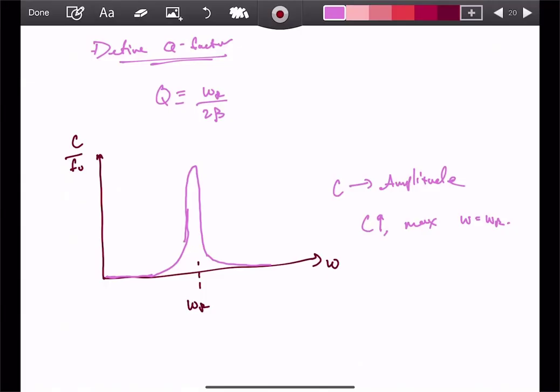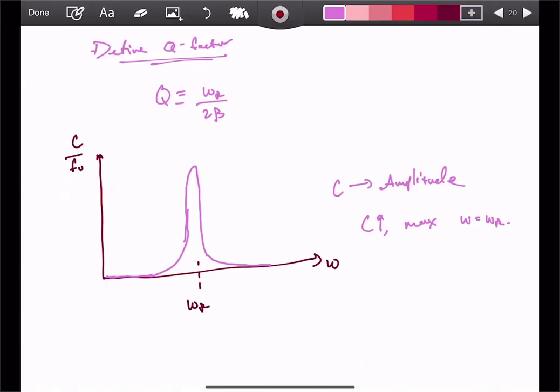Now, the Q factor can be completely destroyed if the damping is too large, and the Q value is then very, very small. If I increase the damping factor too much, as we saw with the overdamped case, it can destroy the exponential decrease, causing this thing to overall decrease.